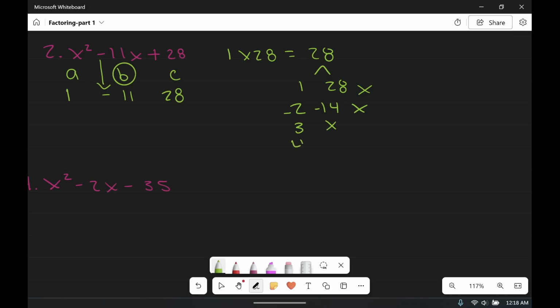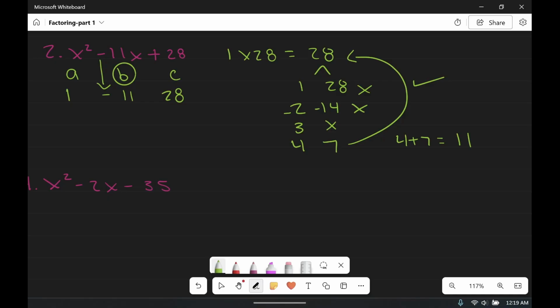Keep going. 4 times what equals 28? 4 times 7 equals 28. Okay, we can check that off. What about 4 plus 7? That equals positive 11. So would that work? Not quite. We want it to equal negative 11. That is really important.